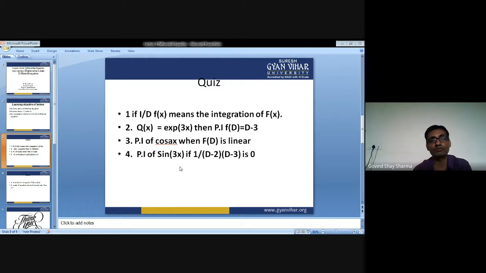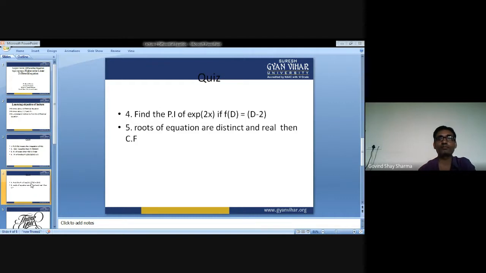When d square is replaced with minus alpha square, meaning minus 1, it can also be done easily. Find the PI of e to the power 2x. If fd is equal to d minus 2, we put d equal to 2, this will be 0. So we can easily do it, all the practice is done easily.